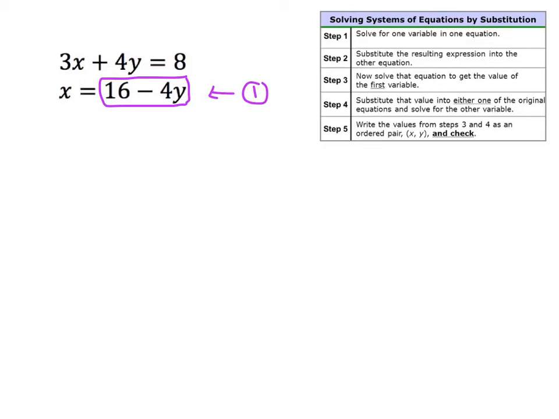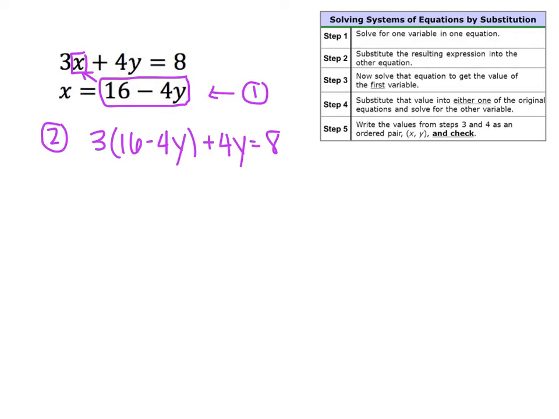I want to substitute 16 minus 4y, or replace 16 minus 4y for the x in my other equation. So step 2 would look like 3, and then instead of x, we have 16 minus 4y, and then there's still plus 4y equals 8.